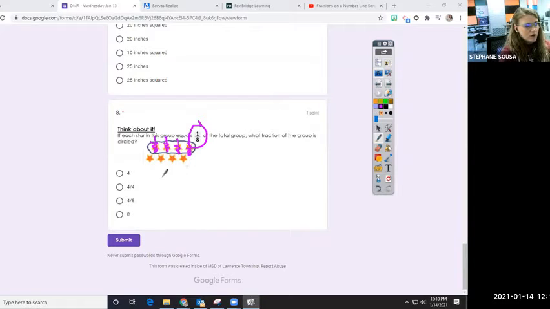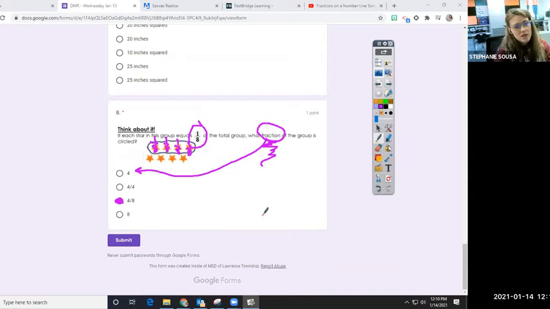There are 4 of those, so 4/8 would be the fraction. Some of you chose 4. 4 isn't a fraction. The question says fraction. So the fraction is 4/8, 4 out of 8. Questions, concerns, comments? All right.